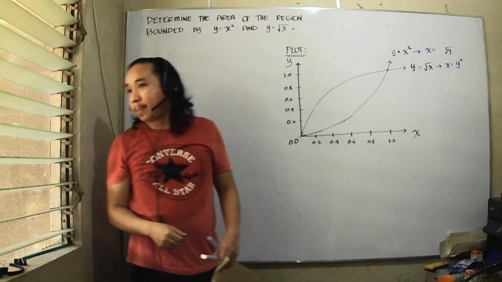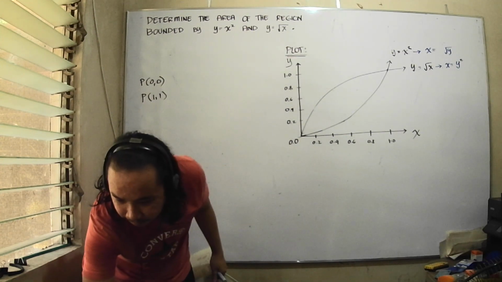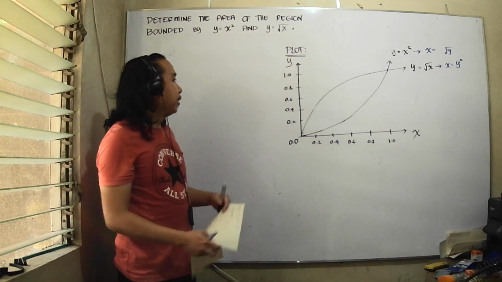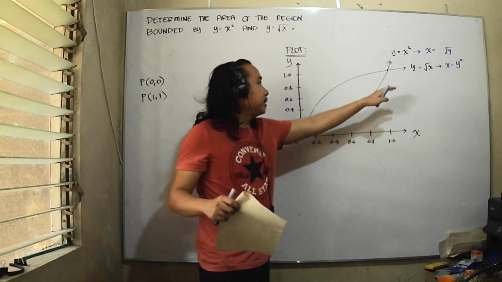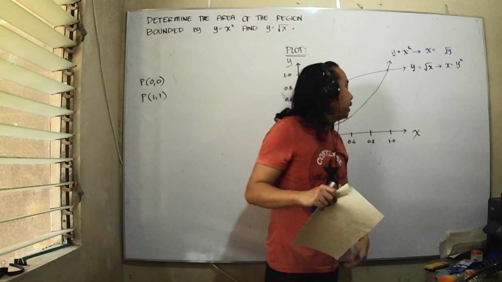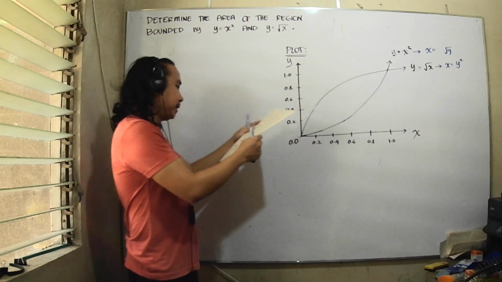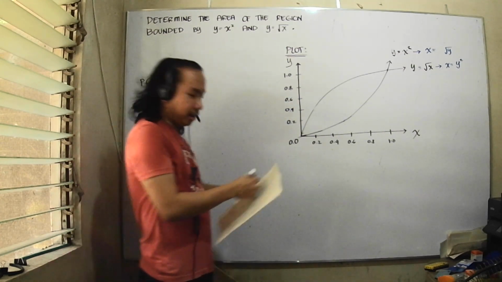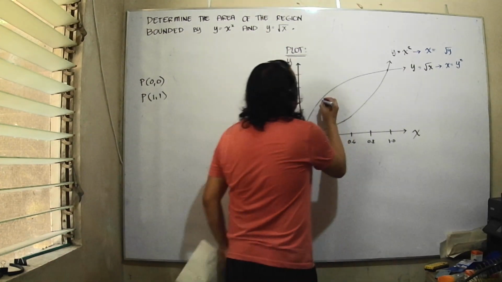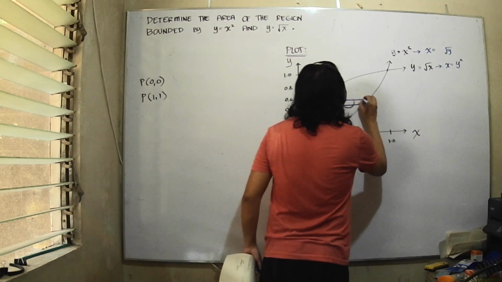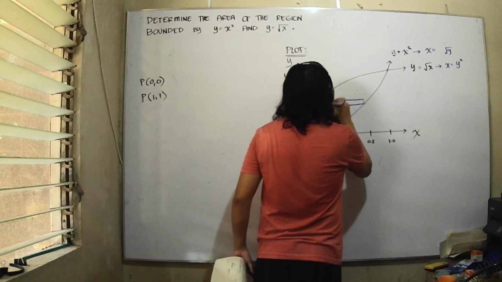So x is equal to square root of y and x is equal to y squared. Now, next, let's try drawing out the horizontal strip. Okay? So we try drawing this horizontal strip.